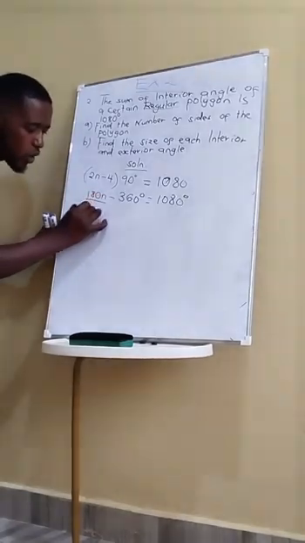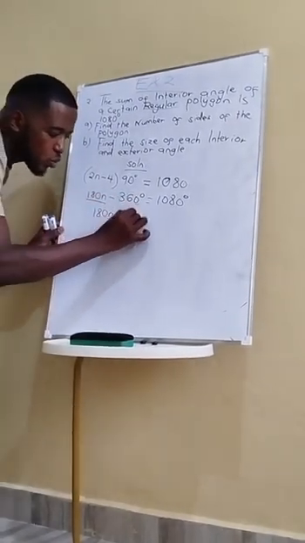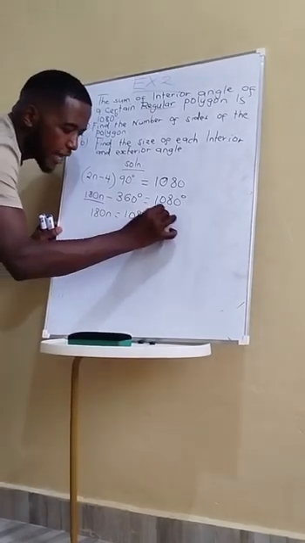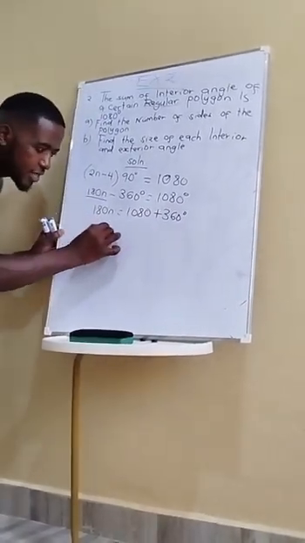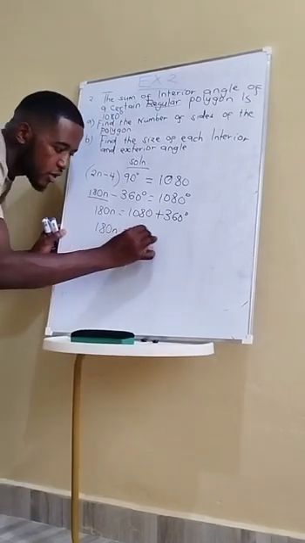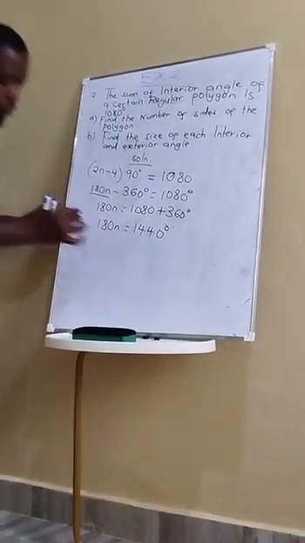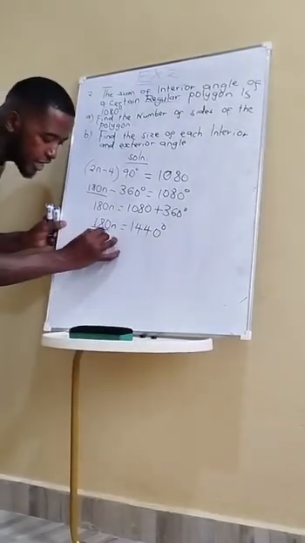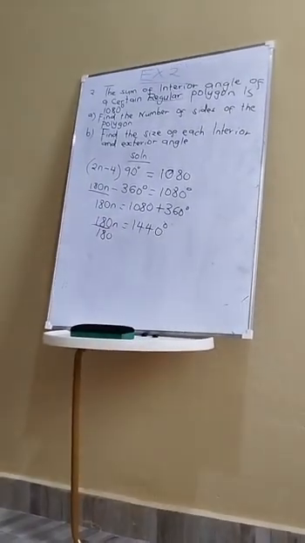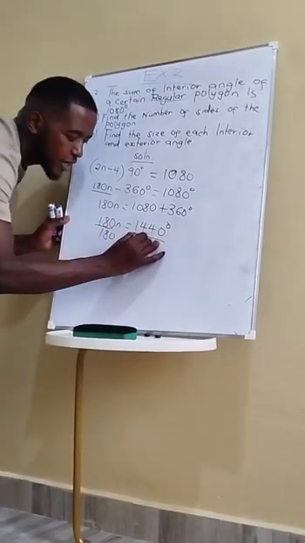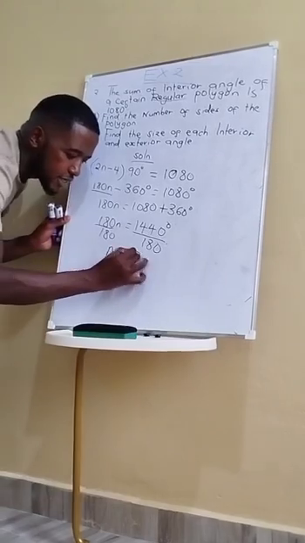So we remain with 180n on this side, and it becomes 1080 plus 360 degrees. So you get that 180n is equal to 1440 degrees. We divide both sides by 180 so that the coefficient of n becomes 1. Finally, you get n as 8 sides.